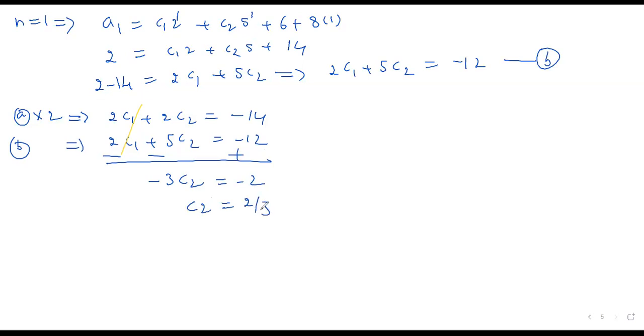Okay, the C2 value is... is there any mistake? Students, look here. Is there any mistake in this solution? No, sir. Is there any mistake? Yes or no?